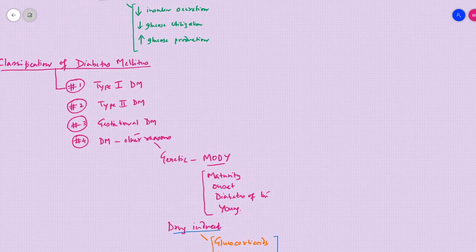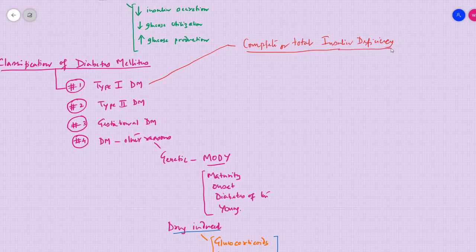Type 1 diabetes mellitus, what's that about? In type 1, what is seen is that there is complete or total insulin deficiency. There is almost total loss of the pancreatic beta cells here. What is the reason?